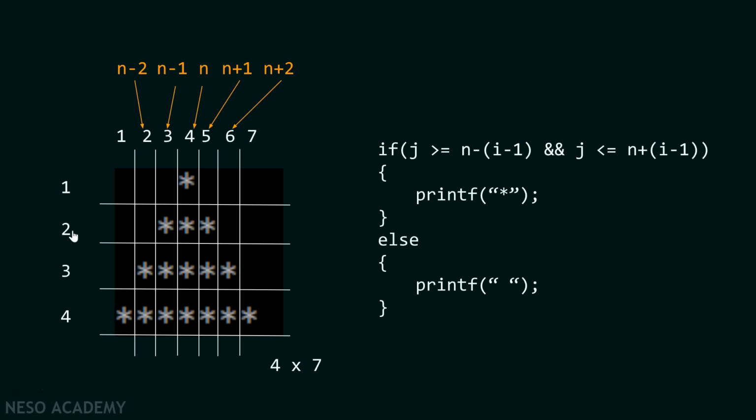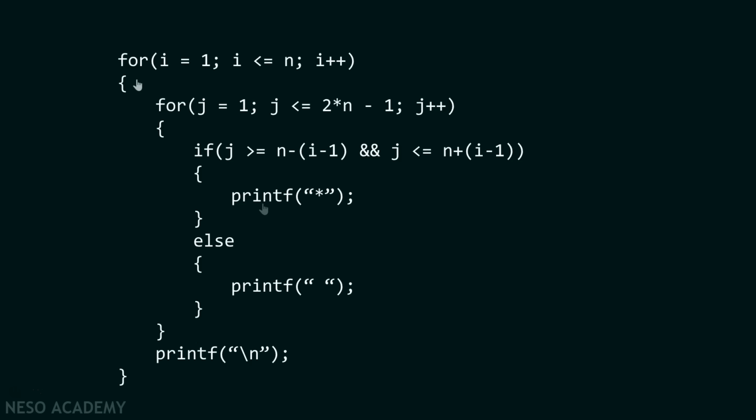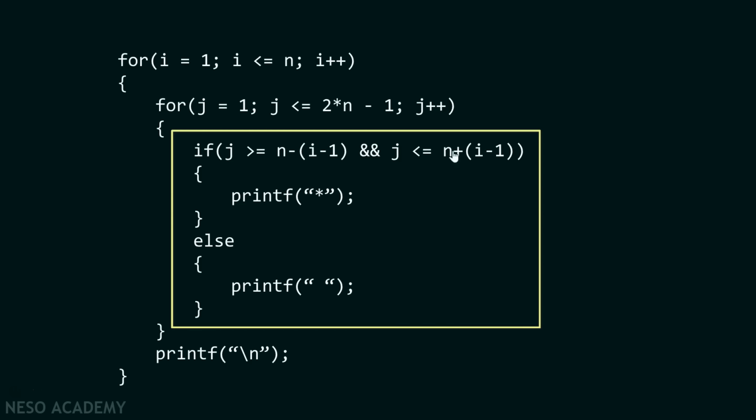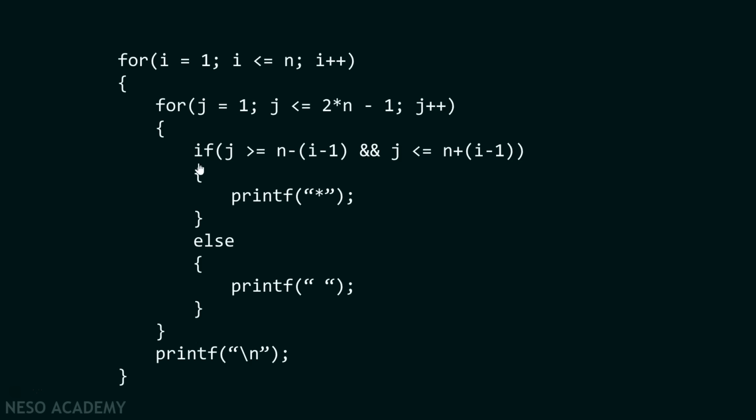Suppose you are in the second row, then you should print stars from n minus 1 to n plus 1, right? This is the idea we need to adopt. As this is the correct code, we can add this in our actual code. Inside this nested for loop structure, now you can add this whole code snippet and it will definitely print the pyramid as needed.